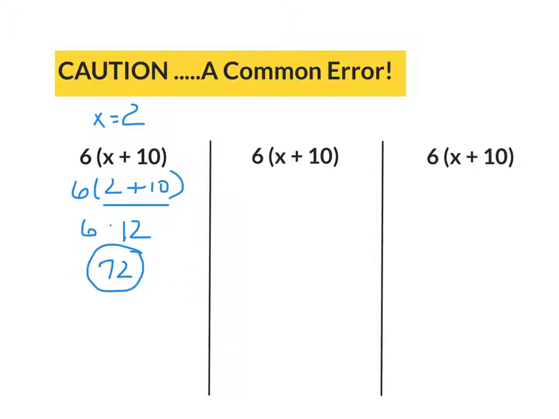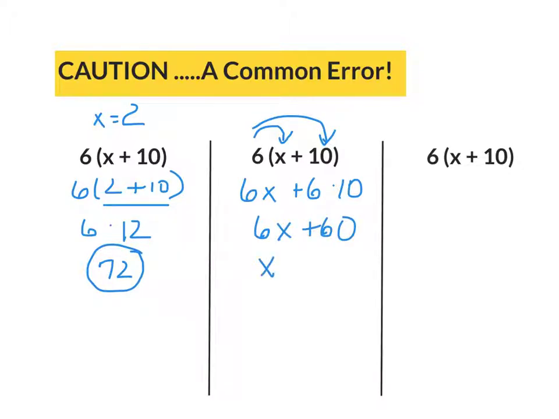We're going to do something a little different now with this same example. In this one, I'm going to distribute the 6 to the x and the 10, and then I'm going to say, what would the value of my expression be if x was equal to 2? So I distribute the 6 to the x and the 6 to the 10, and I get the expression 6 times x plus 6 times 10. When I simplify it, it becomes 6x plus 60. So at this point, I say, what's the value of my expression if x is equal to 2?